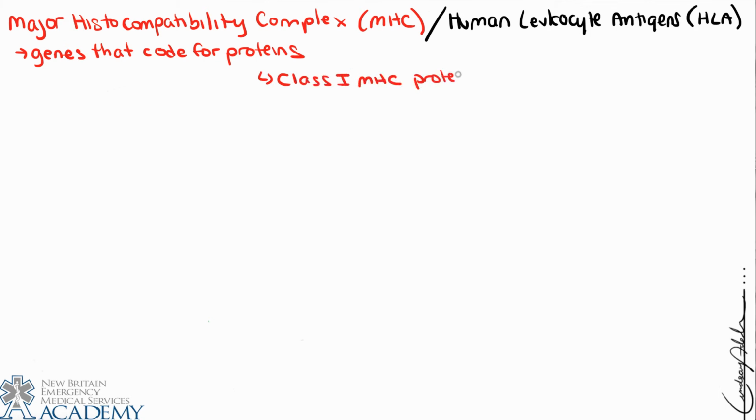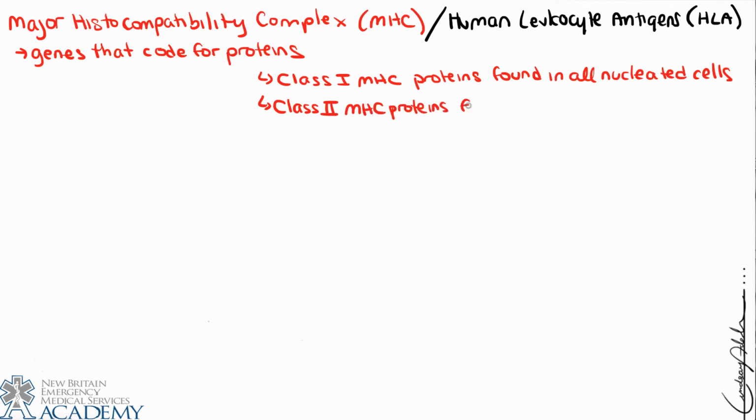Class 1 MHC proteins are found in all nucleated cells. So every cell that has a nucleus, and the things that we've mentioned, for example, like red blood cells don't have a nucleus, so we wouldn't find class 1 MHC proteins on those cells, but any cell that has a nucleus, we definitely would. And the second is class 2 MHC proteins, which are found on these cells called antigen presenting cells, or APCs.